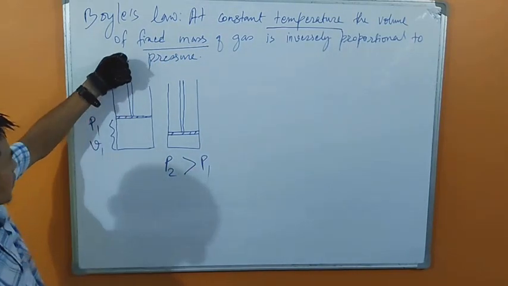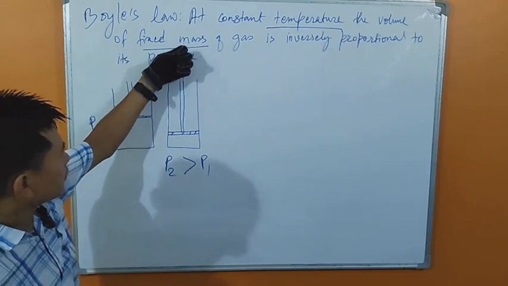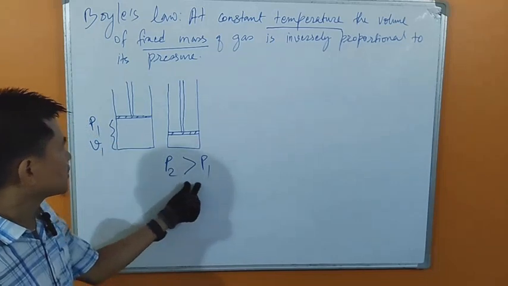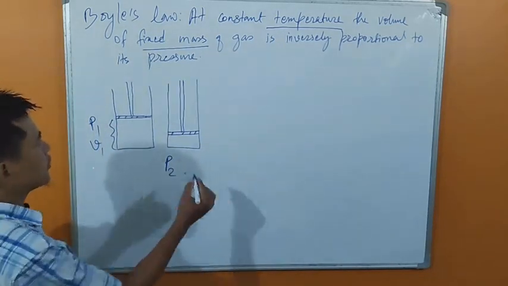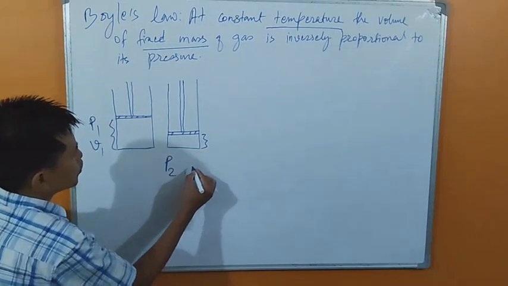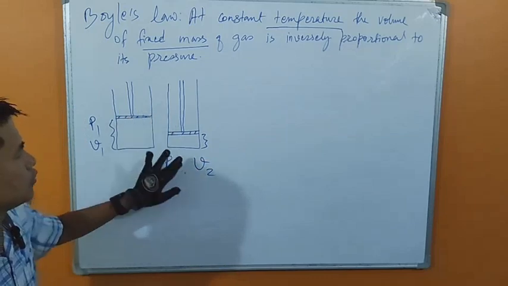Here the pressure was P1, the volume was this much. Now you applied more pressure. That means P2 is greater than P1. When you increase the pressure, the volume of the gas is reduced to V2.